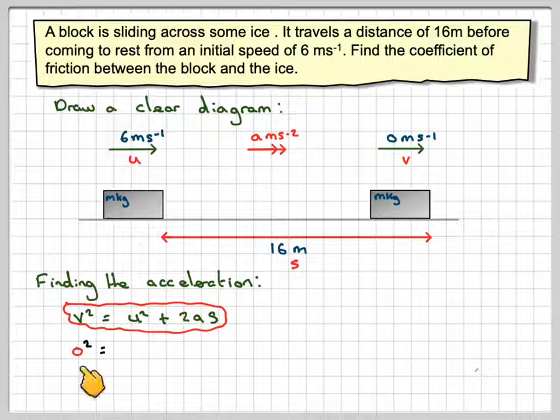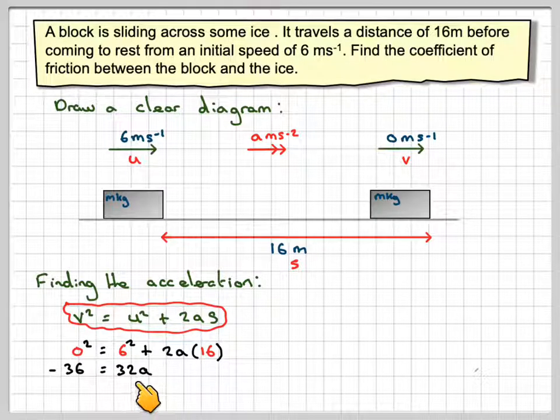So we're going to have that 0 squared is equal to 6 squared plus 2a times 16. 6 squared is 36, and so when we take it over here it becomes minus 36, be careful with signs, is equal to 32a. Dividing by 32, we're going to get that a will cancel down to minus 9 over 8 meters per second squared.